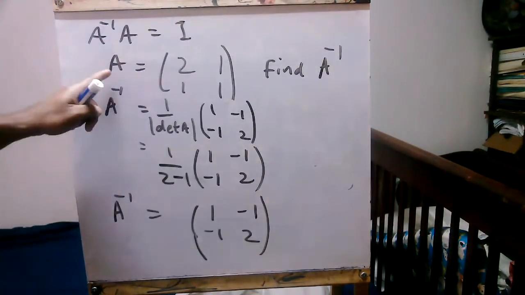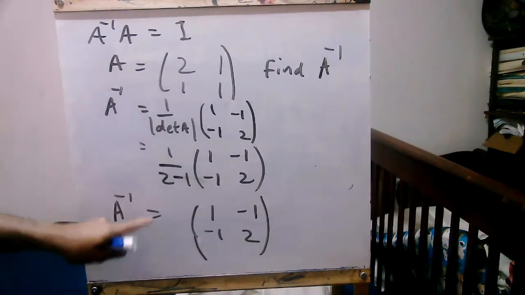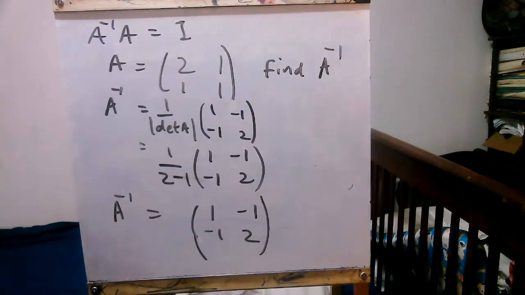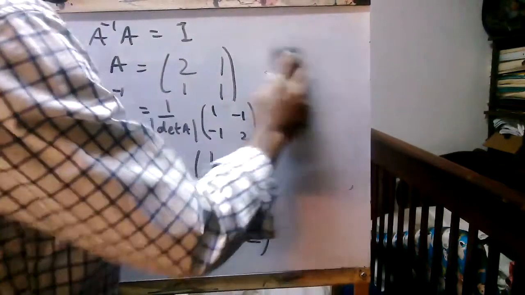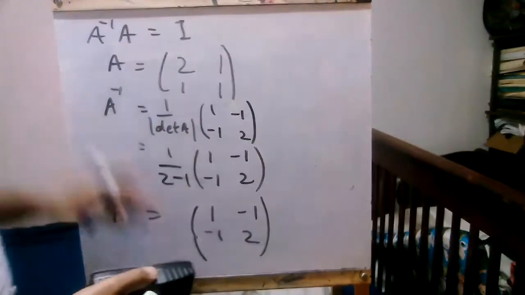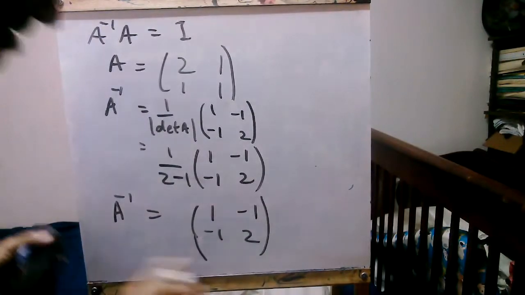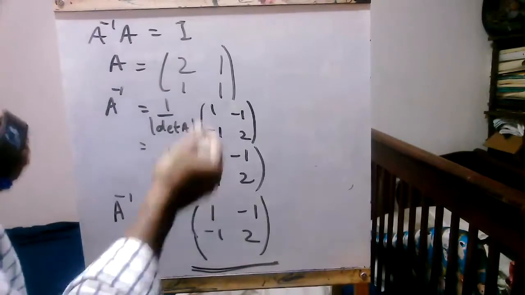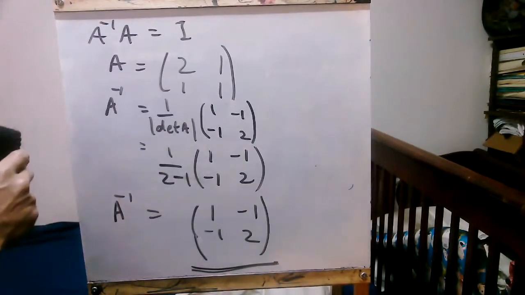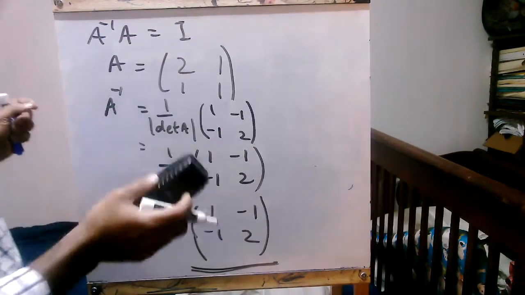For that, I'm gonna keep this A and A inverse. When we multiply them, we should get the identity matrix. This question is finished. This is the final answer. We found A inverse. Now we're going to check.